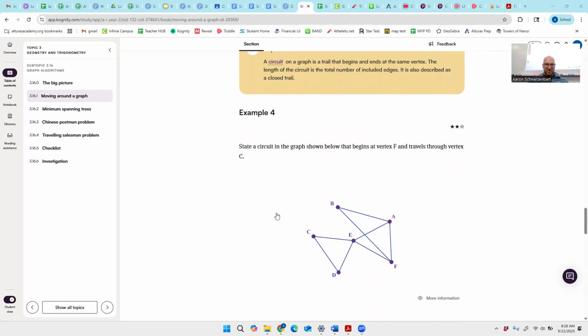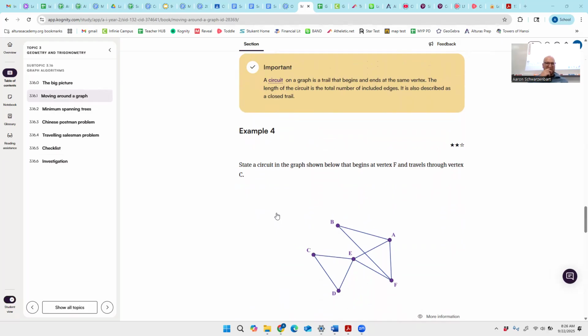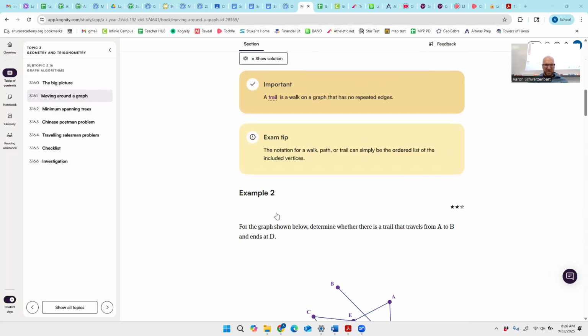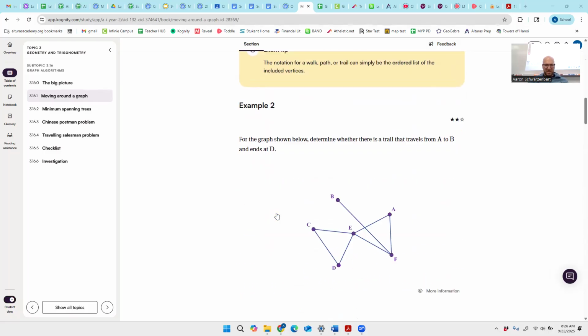A circuit on a graph is a trail that begins and ends at the same vertex. So it's a trail. A trail has no repeated edges? Yes.